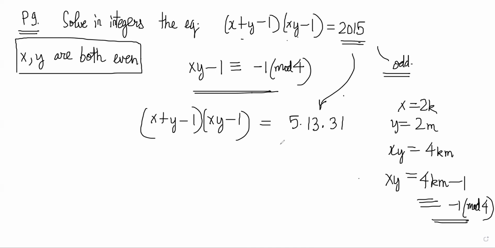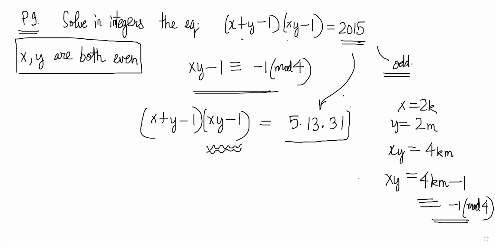We have to realize that xy minus 1 is congruent to minus 1 mod 4, or basically 3 mod 4. So what are the possible numbers that xy minus 1 can be?